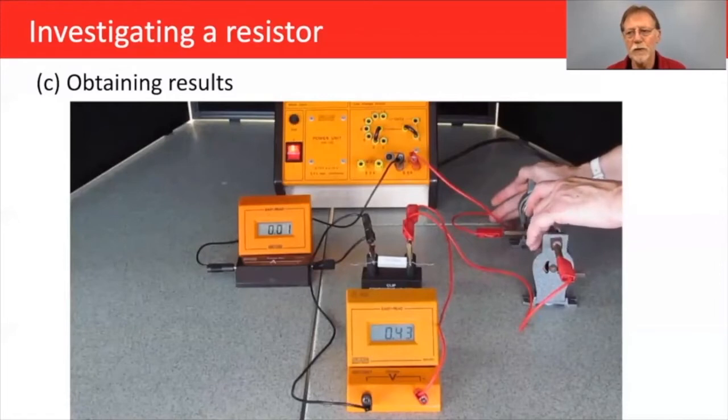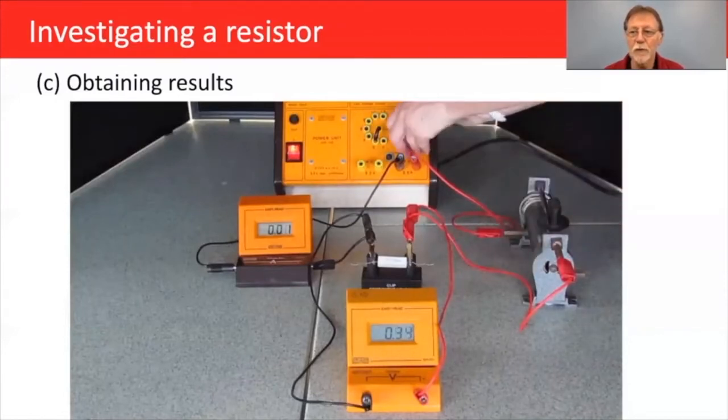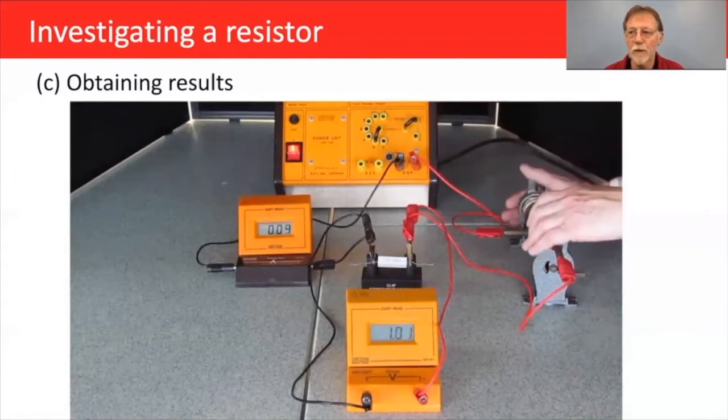Precise values of potential difference are very difficult to achieve, and values of both potential difference and current fluctuate. This can provide useful evidence to support discussions about reliability of results and how best to cope with the fluctuations.